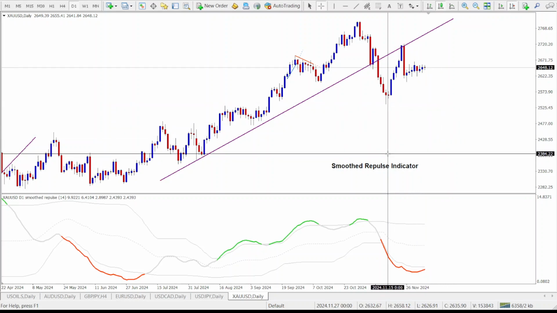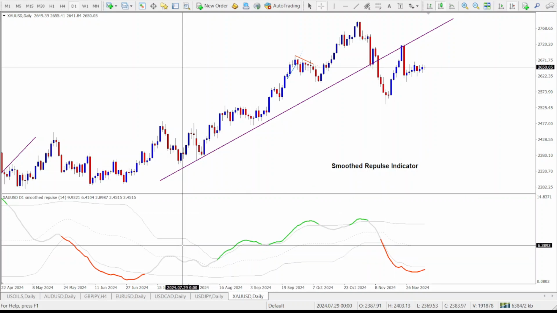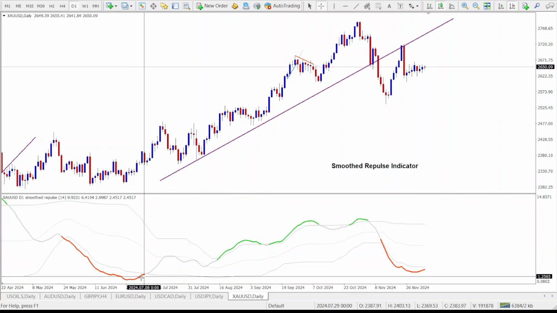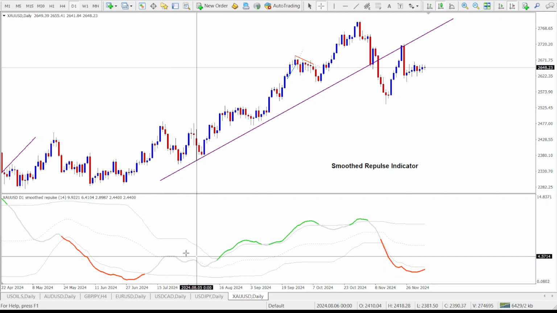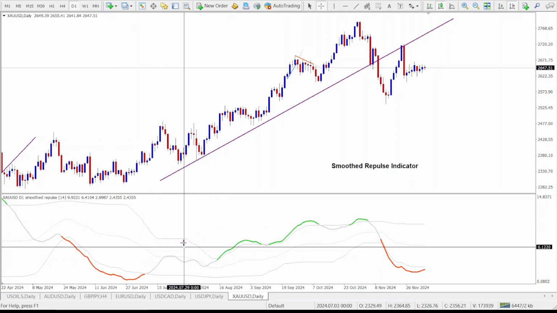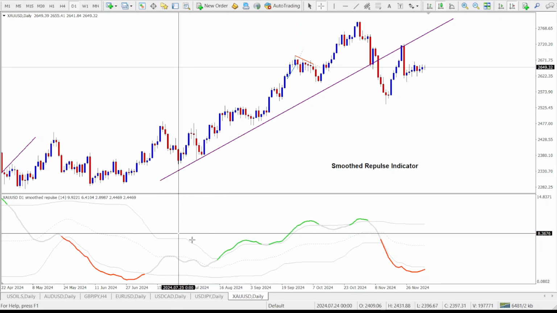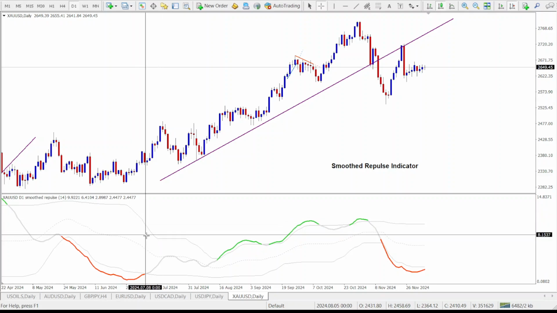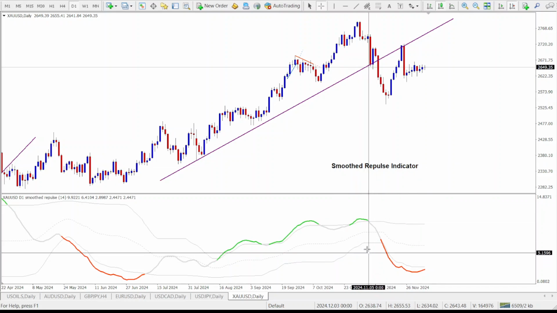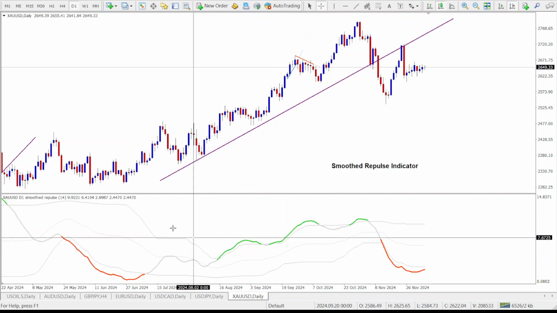And then you will also notice that one of the confirmations given by the smooth repulse indicator is the multicolored line crossing above these Bollinger-looking bands. The components of this smooth repulse indicator look like a Bollinger band and a moving average, right? It looks like a combination of Bollinger bands and moving average.